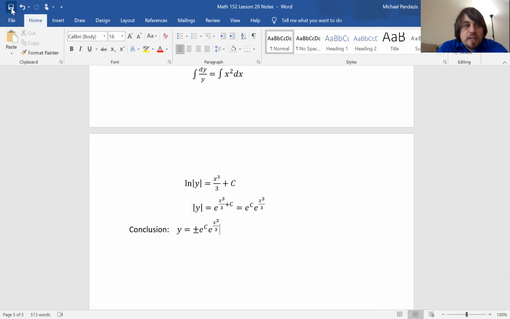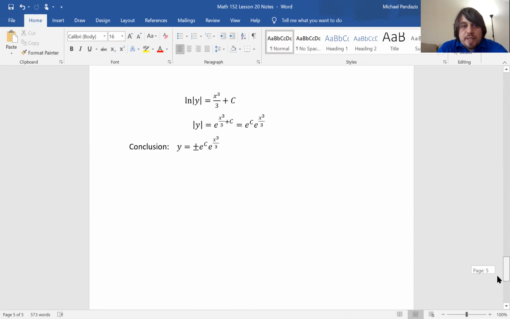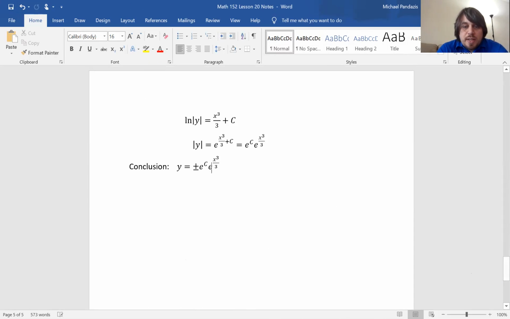Okay, so before I assumed that y as a function was not equal to 0. Now you can also verify that y equals 0 is a solution of the differential equation.